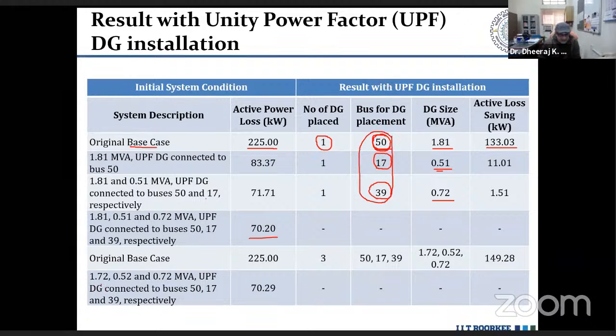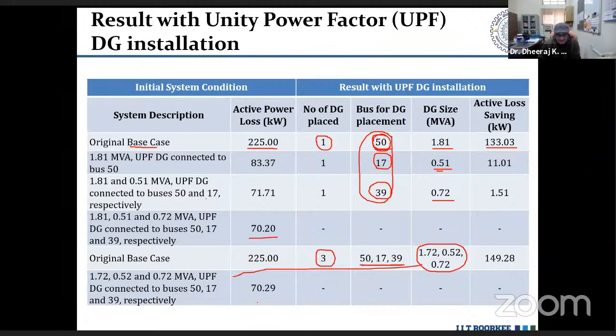Now we used our algorithm to determine the DG size at these buses simultaneously, and we got this result. We connected these DGs at these buses in the system, and we got this much active power loss. Earlier it was 2 to 5, but now after DG placement, we got this much, that is 70.29.